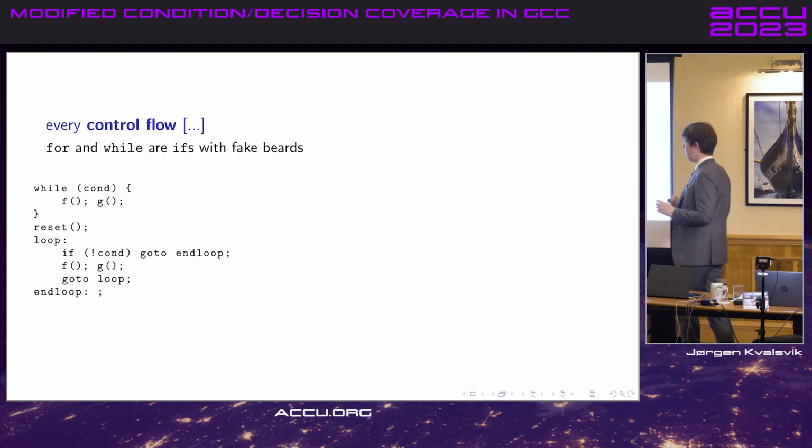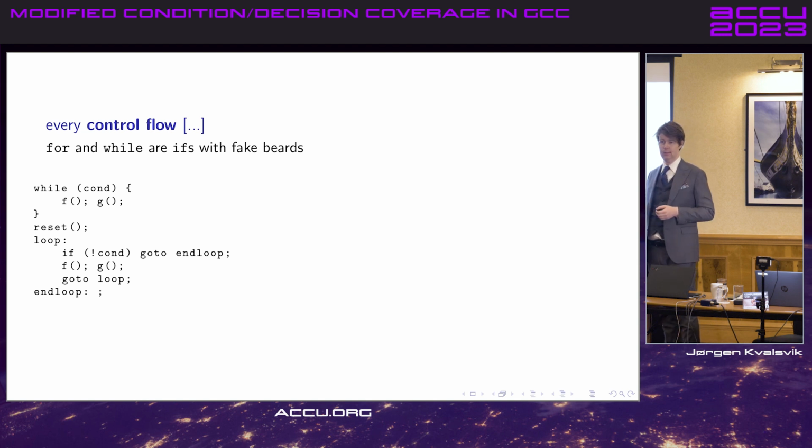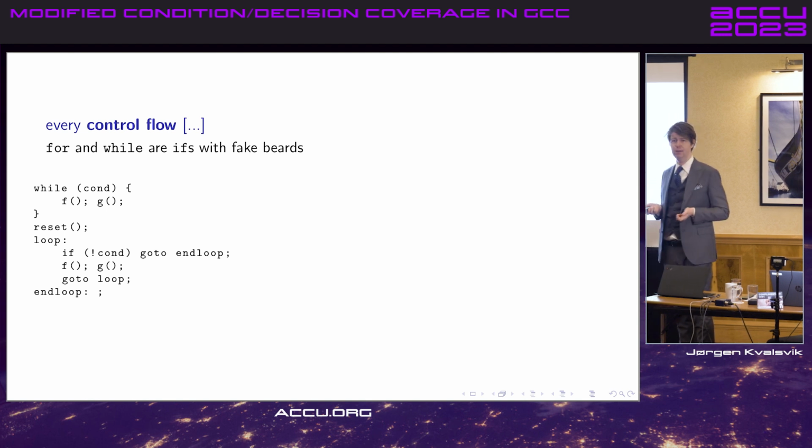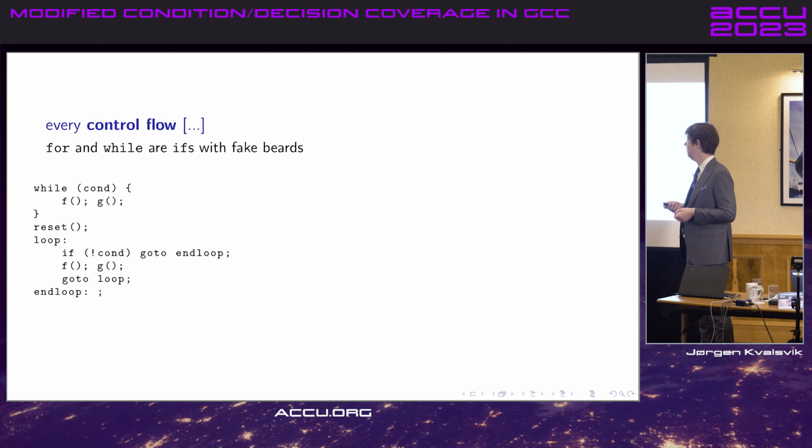So the requirement is that for every control flow structure, you have tested both the true and false outcome. For and while, for example, they are really ifs, but with gotos, as demonstrated in this program here, right? So you have the while condition and then the body. And you have a loop label, a check of some condition, and a goto end loop.